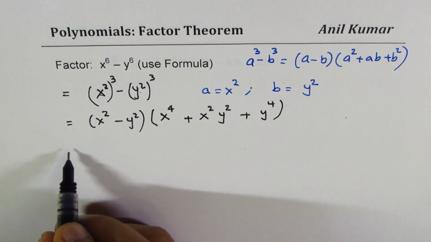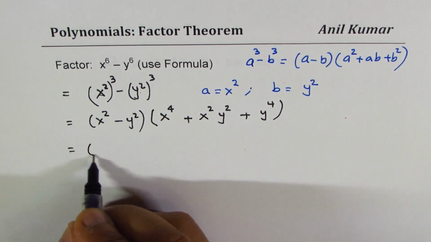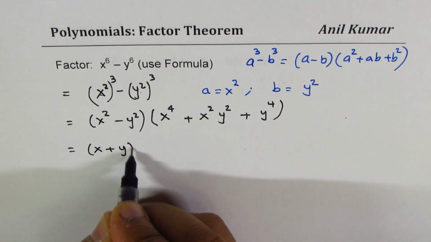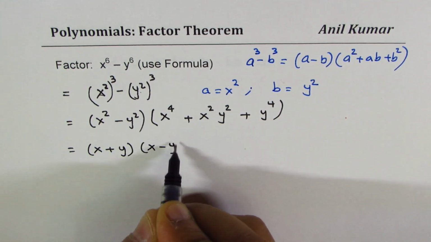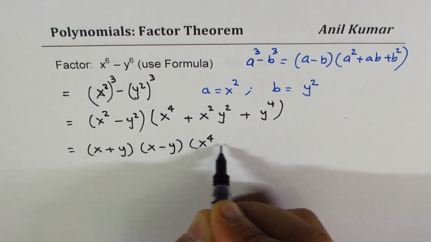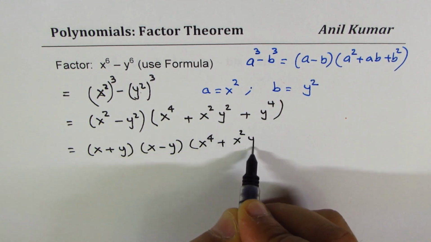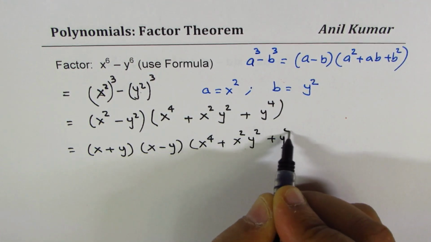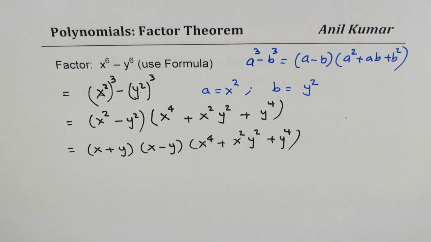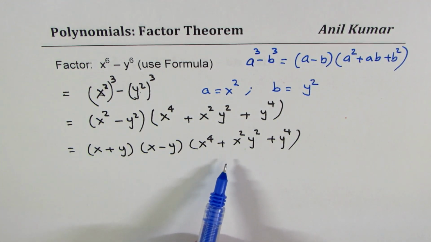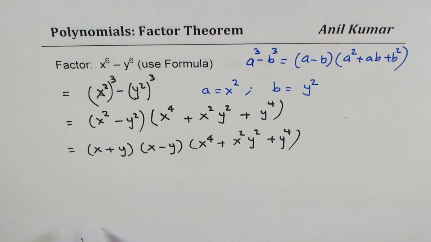Now here we have difference of squares, so it could be further factored and written as x plus y times x minus y times x to the power of 4 plus x squared y squared plus y to the power of 4. So we'll also note that many times you may have to do multiple steps of factoring as we've done here, correct?